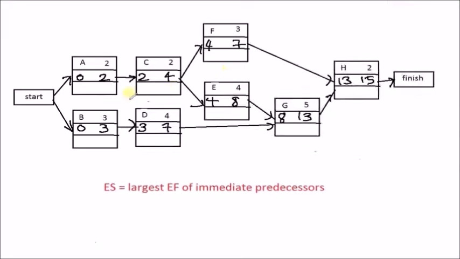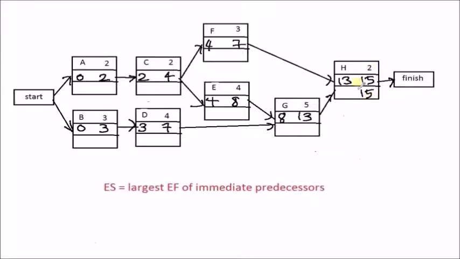Now we find the values for the latest start and latest finish for all the activities. For activity H, the earliest finish is 15. So we go back from 15, and we enter 15 as the latest finish for H. To find the latest start, we subtract the time 2.